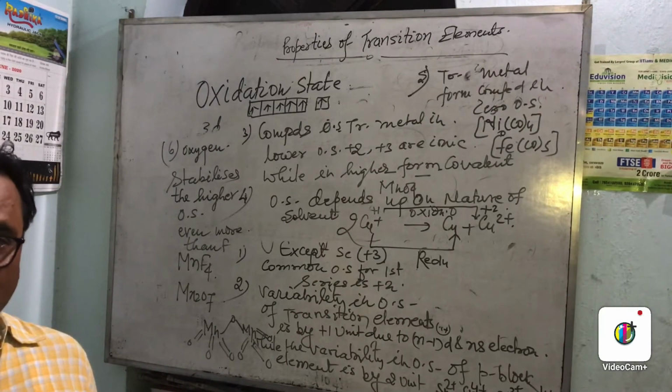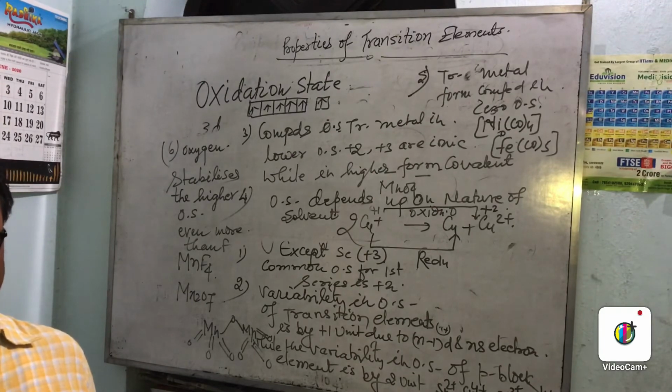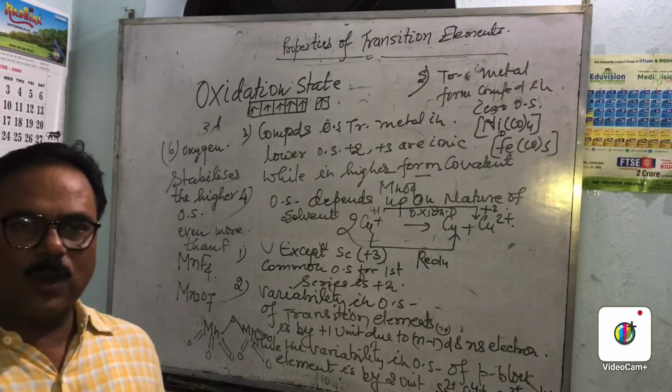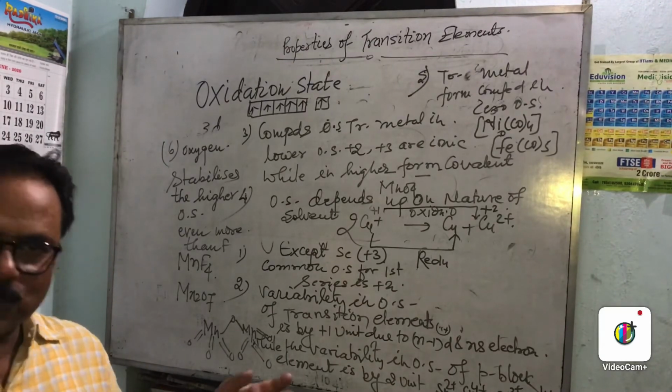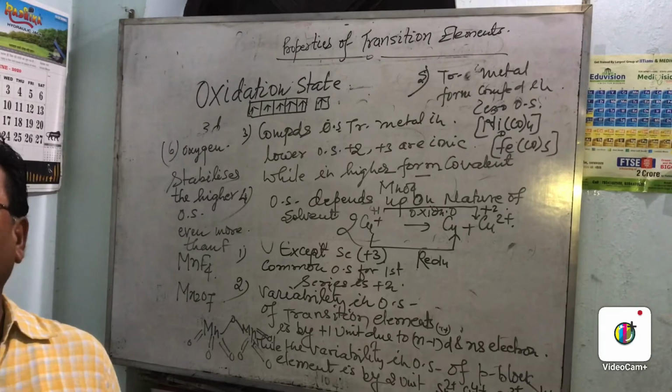But fluorine forms MnF4. Why does oxygen form Mn2O7?